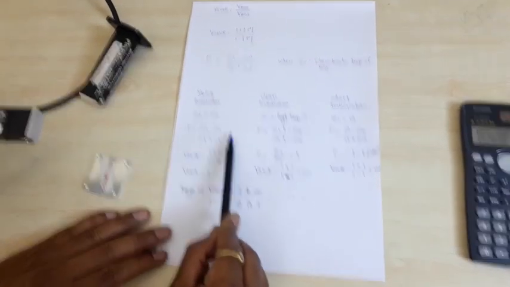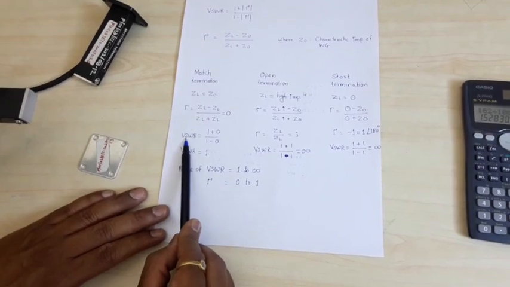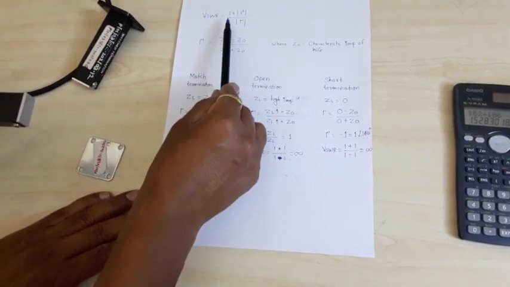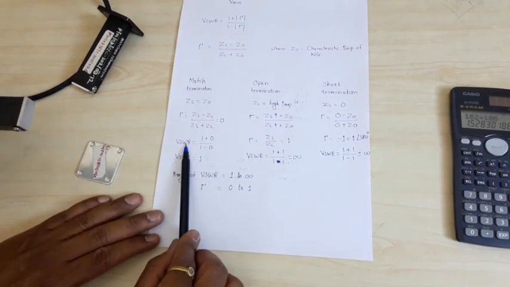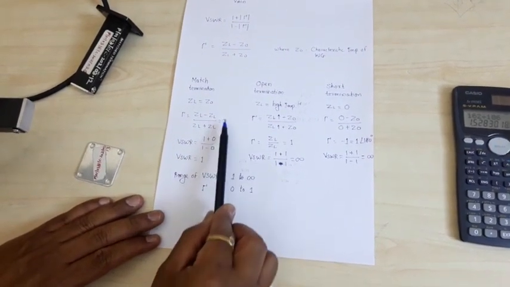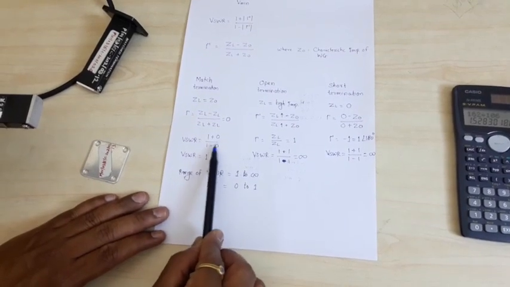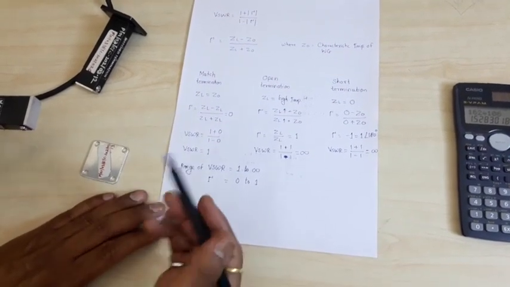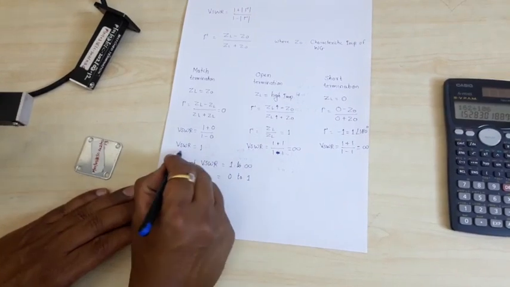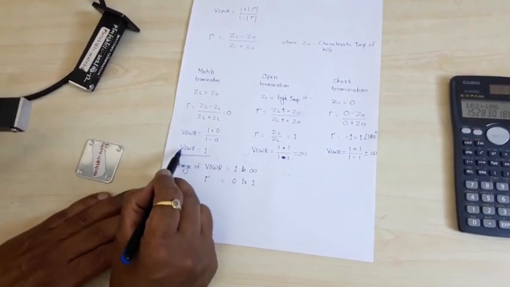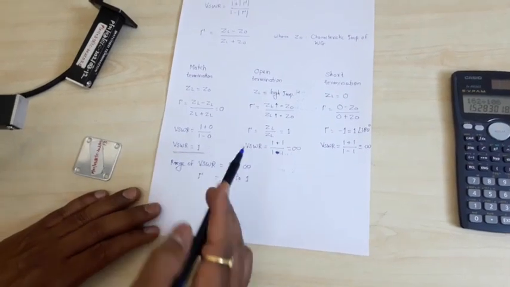If the reflection coefficient is 0, VSWR is 1 plus 0 upon 1 minus 0. So VSWR in a matching, or ideal, condition is 1.